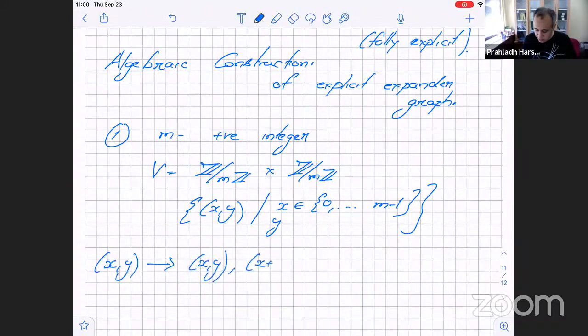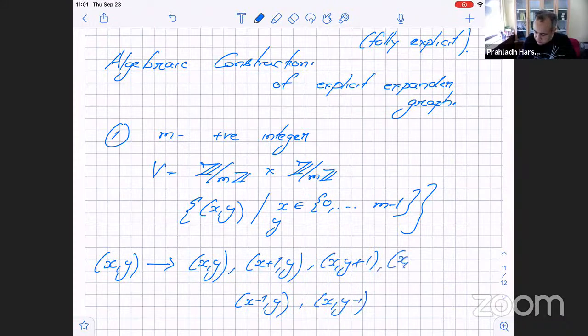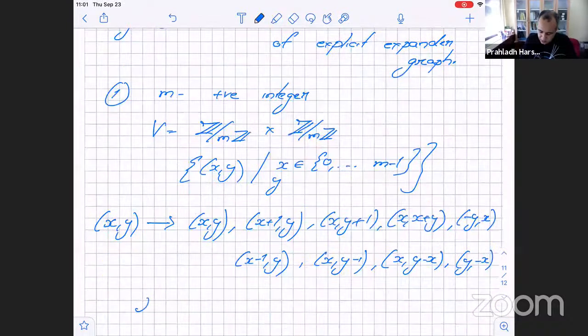It's connected to x plus 1 y. Because I have to make the graph undirected, it should also be connected to x minus 1 y. It's connected to x y plus 1, and also to x y minus 1. Then x plus y comma y, and x minus y comma x, and y comma minus x. So notice it's a 9 regular graph.